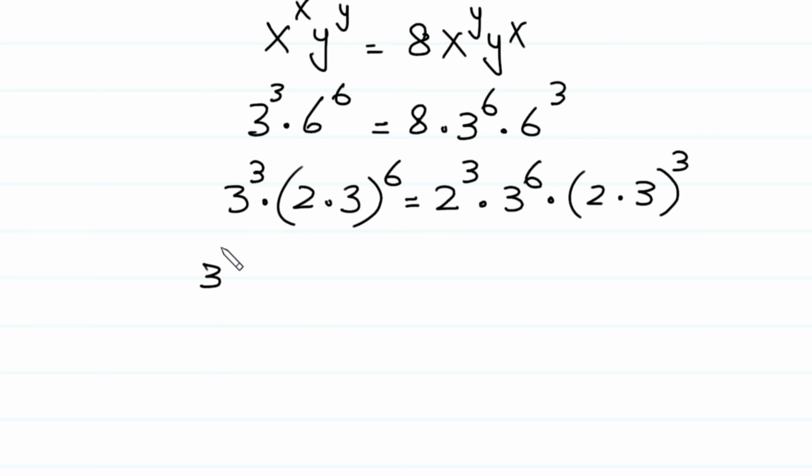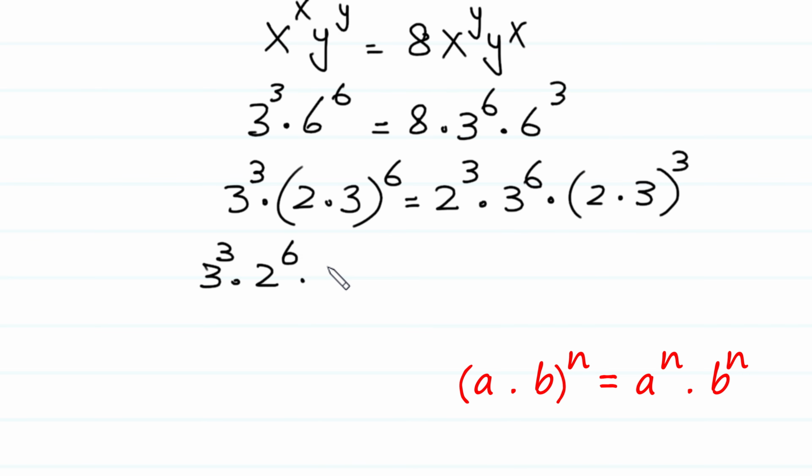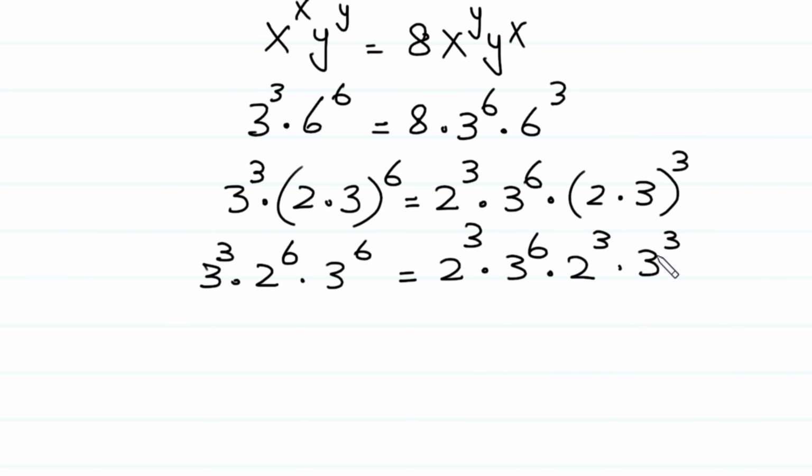Next, according to the rule of exponents, a times b to the whole power n is equal to a to the power n times b to the power n. This power 6 becomes the power of this 2 and this 3. 2 to the power 6 times 3 to the power 6 is equal to 2 to the power 3 times 3 to the power 6 times, and this power 3 becomes the power of this 2 and this 3, 2 to the power 3 times 3 to the power 3.